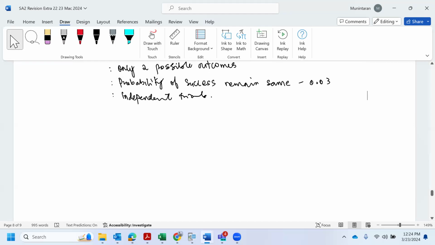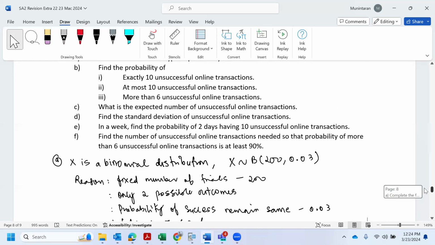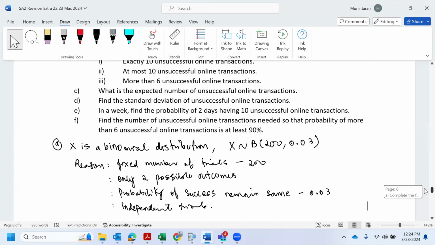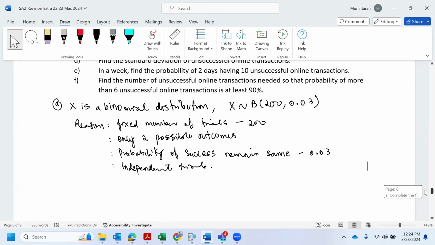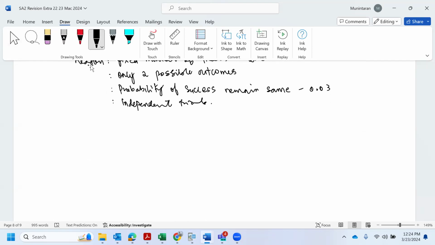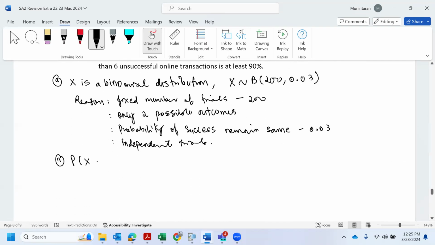Okay, that's done the first part. Second part is we wanted at most 10 unsuccessful online transactions. At most, that means probability X is, sorry, first, exactly. Exactly means equals to 10.